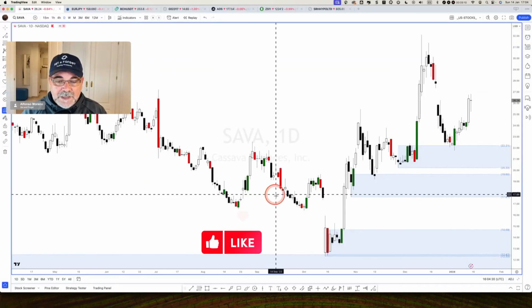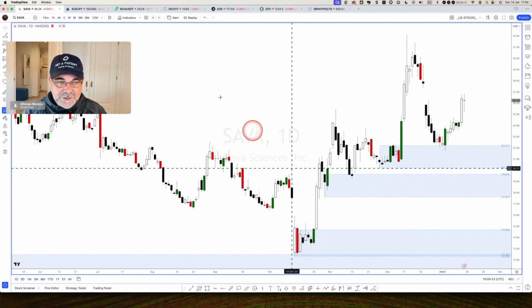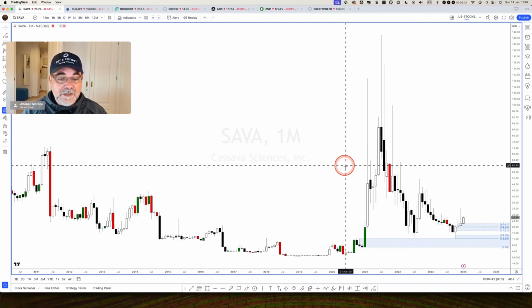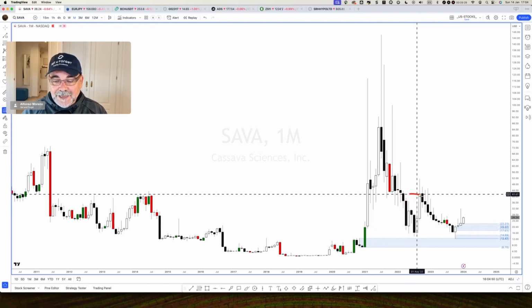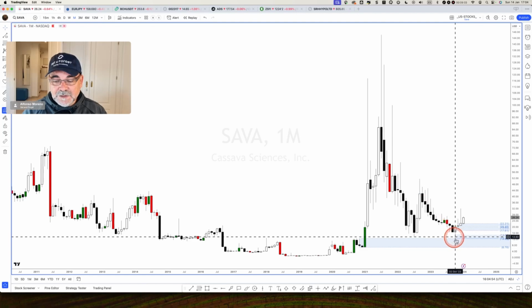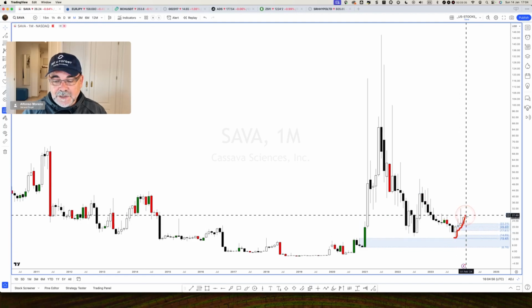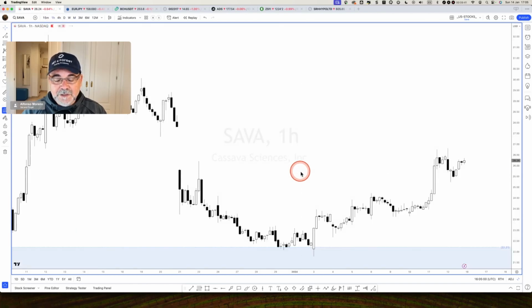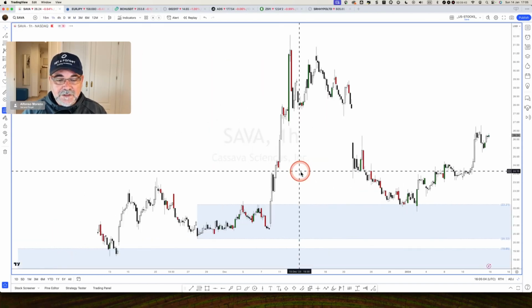So the movement of this stock was predicted, as you can see, months in advance, regardless of any earnings announcements or any fundamental analysis or the volatility that characterizes the biotech industry, the stocks in the biotech sector. So after months of waiting, Cassava Sciences hits the imbalance in the monthly, and from then starts to rally, and that's where you can start using smaller time frames, using probably indicators and oscillators and all that kind of stuff.